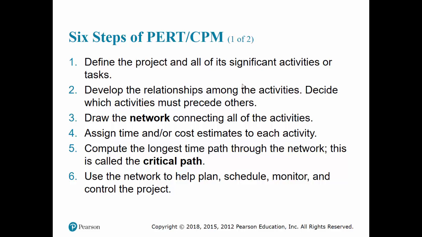The node at the other end of the arrow, the one it points at, would be the end of the activity. When you lay out the project in this fashion, what you get is an activity-on-arrow network. The other convention is the activity-on-node convention, where each node represents an activity and the arrows represent the predecessor relationships among the activities.